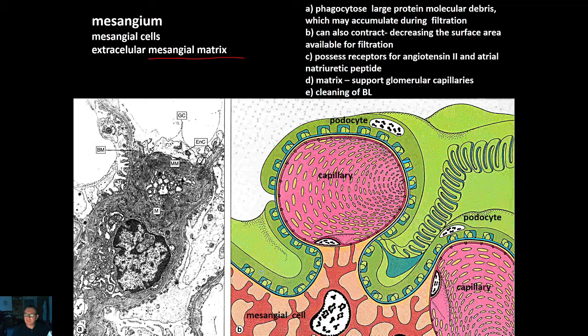So the mesangium is very important, mostly for the cleaning of the basal laminae in the renal corpuscle.